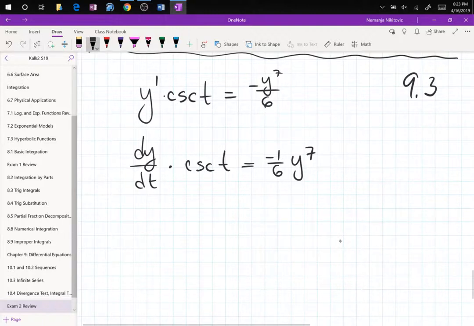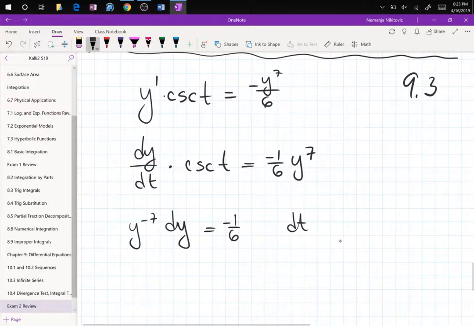So what do we have? 1 over cosecant is equal to sine. You're going to have sine on the right. So now dy stays on the left, joined by y to the negative 7. And then on the right-hand side we have a dt, with negative 1 over 6 staying there.